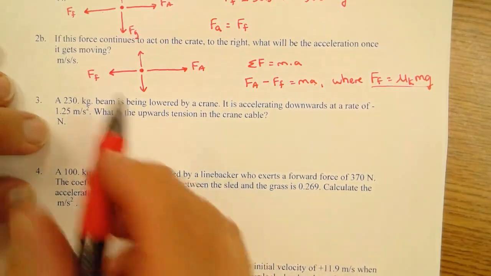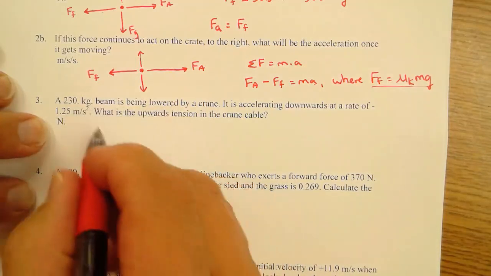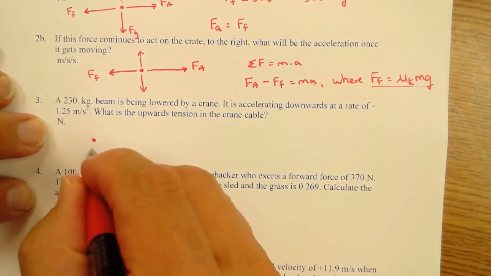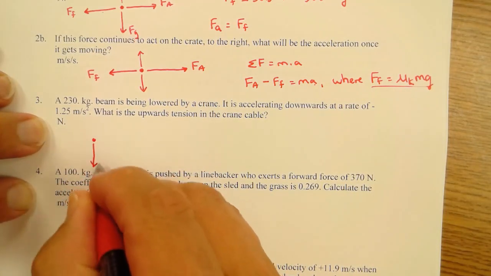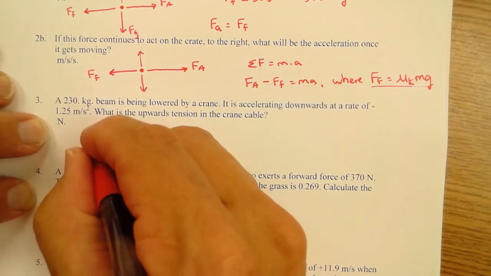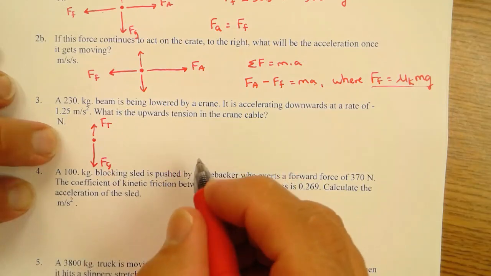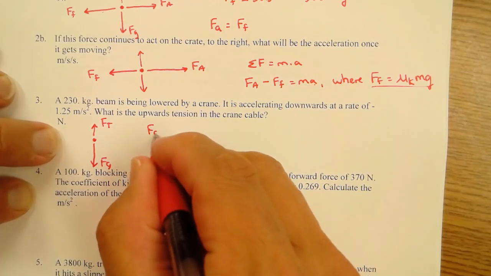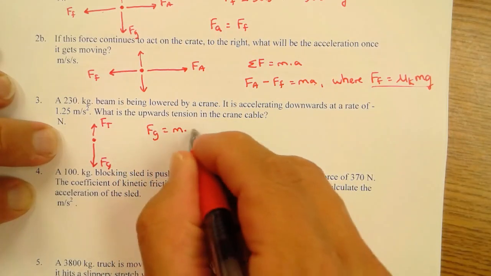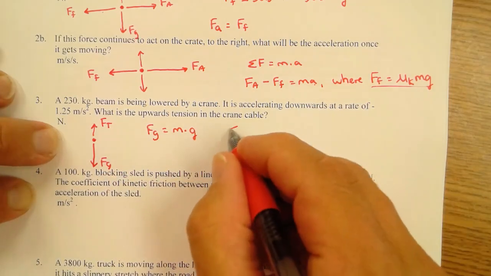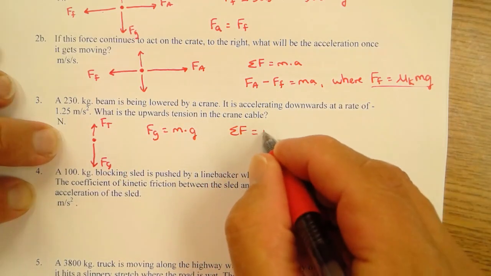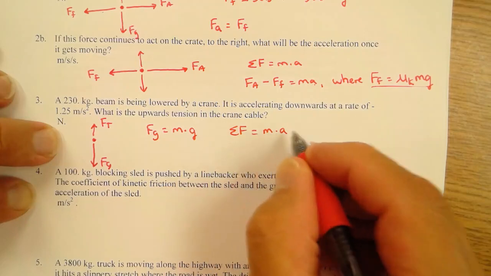Okay, on number 3, you've got a beam. It's being lowered by a crane. It's accelerating downwards. So gravity, F sub g, is bigger than the tension force, which is being applied to the beam. You can find F sub g, of course, by taking m times g, and then you'll apply Newton's law. The net force equals m times a.